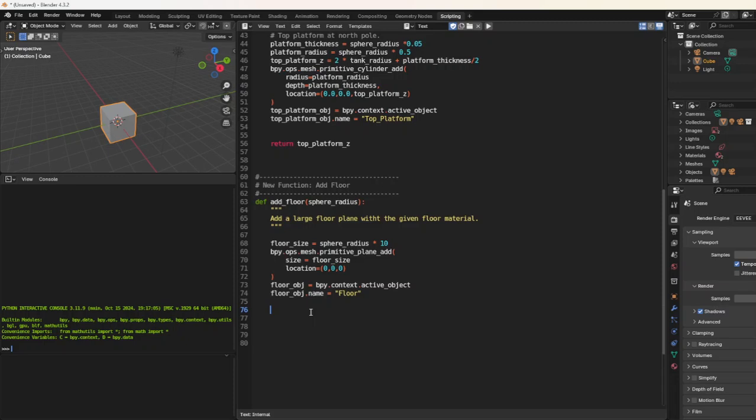Now our last function for this lesson is going to be a setup scene like we did last time. So we're just going to set up everything, and then run everything after this line.